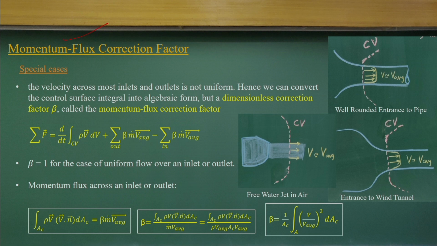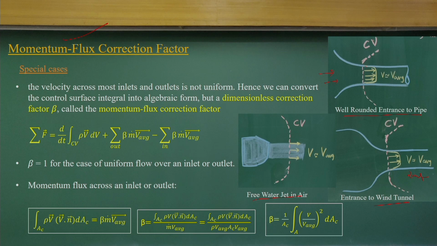Let me repeat that. For real-life fluid flow systems, I have three examples here. One example is a well-rounded entrance to a pipe, where the flow comes in very smoothly. The velocity at the wall will be 0, then the velocity distribution comes up and goes back to 0. Similarly, you have a large wind tunnel section, and then the flow comes into a test section.